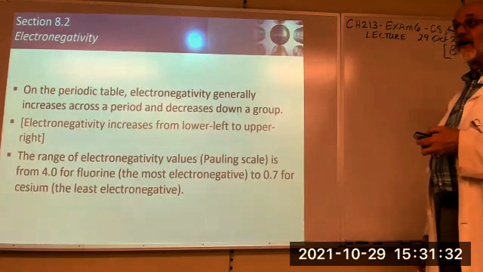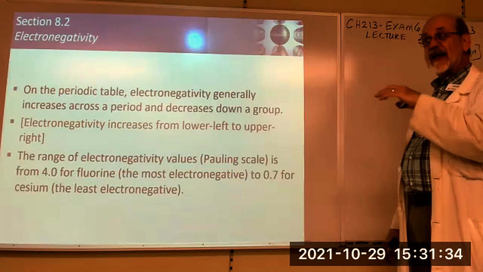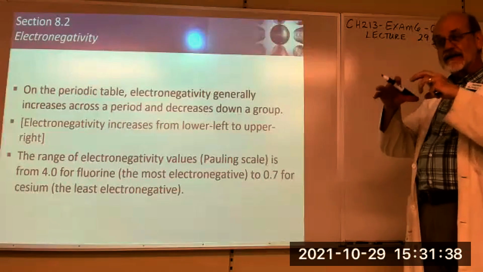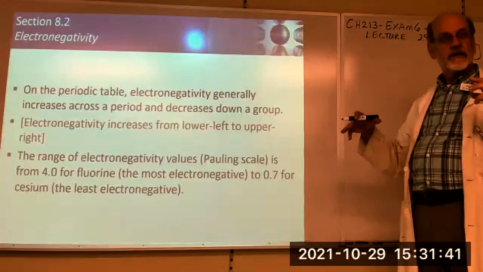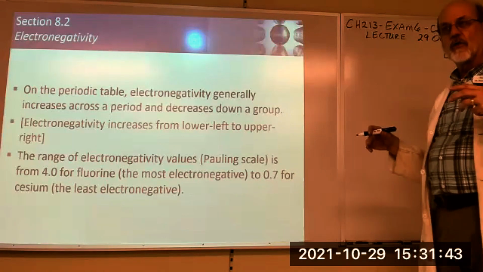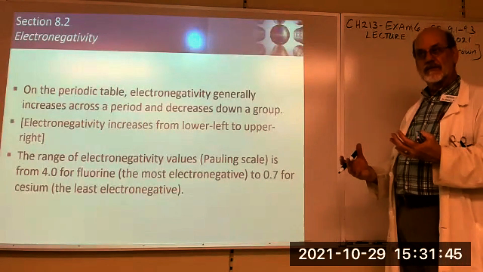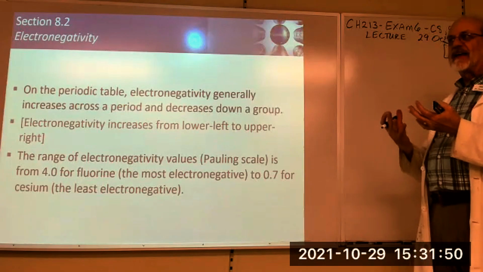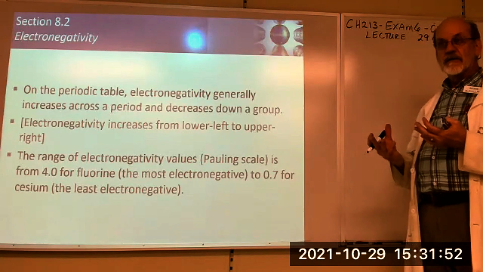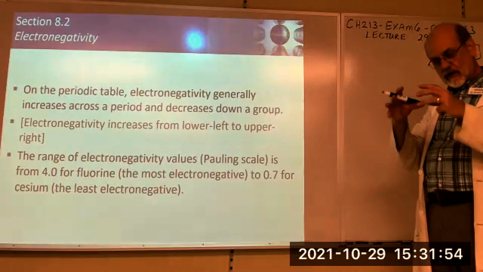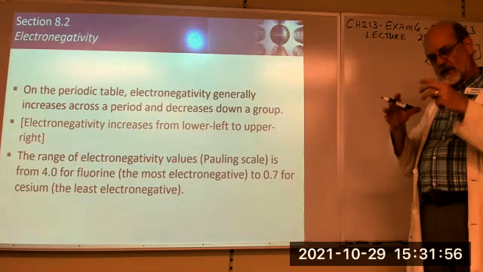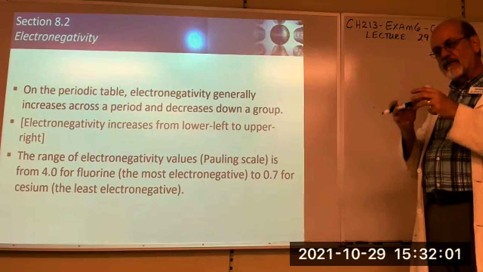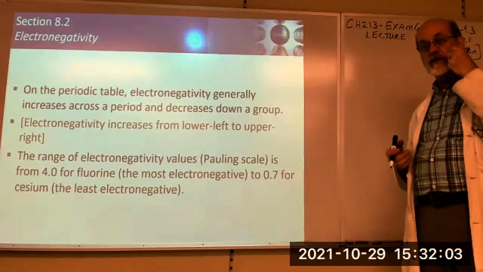But as you go down a group, you may be adding protons, but you're also adding electrons at different energy levels as well. So the attraction for electrons outside the atom, which is what you're looking at when you form a bond, decreases, because those inner layer electrons are shielding the outer ones from the added nuclear charge of the protons in the nucleus.